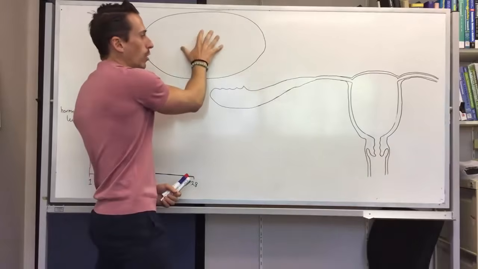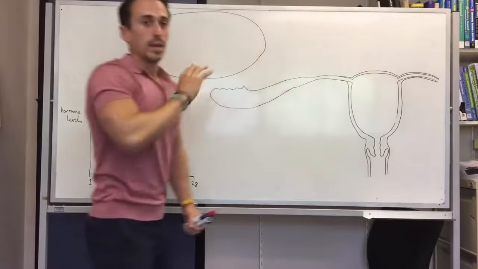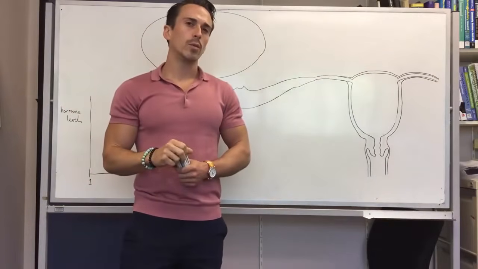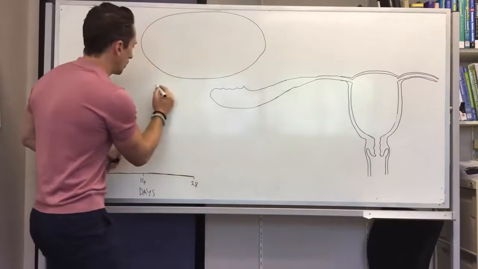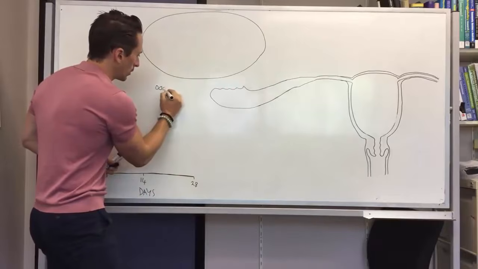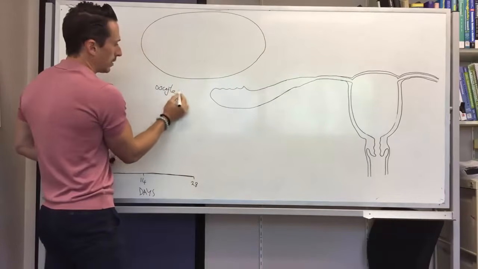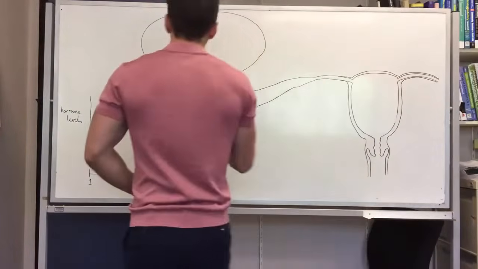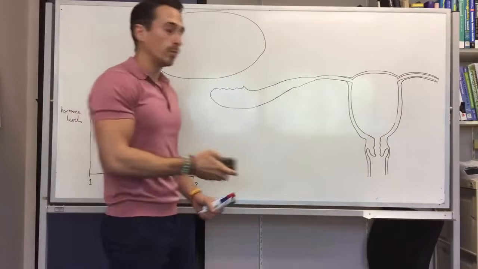So you know that you've got one ovary on either side. Now, the ovary holds oocytes. So what's an oocyte? An oocyte, O-O-C-Y-T-E, is basically an egg, also known as an ovum.